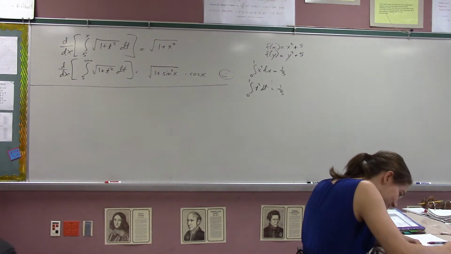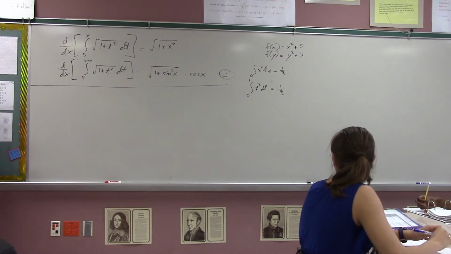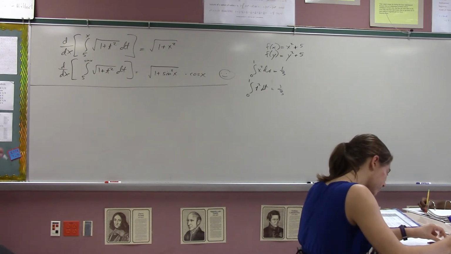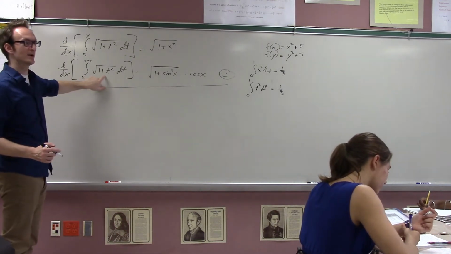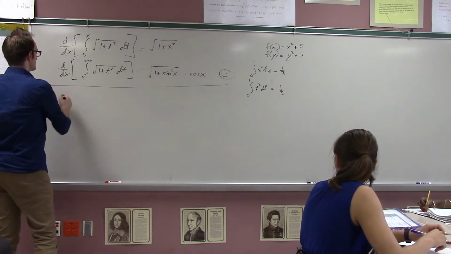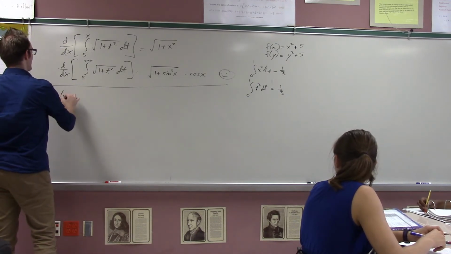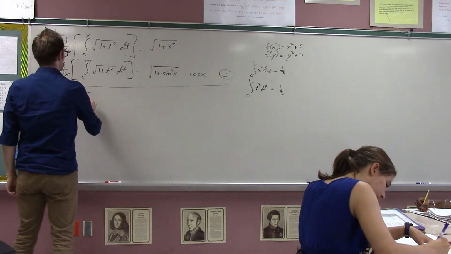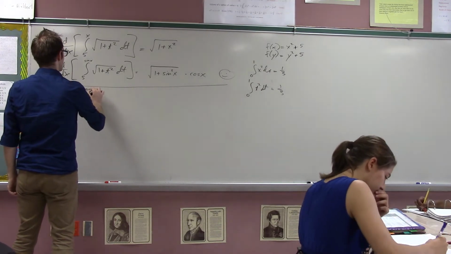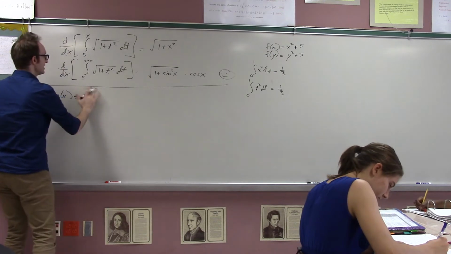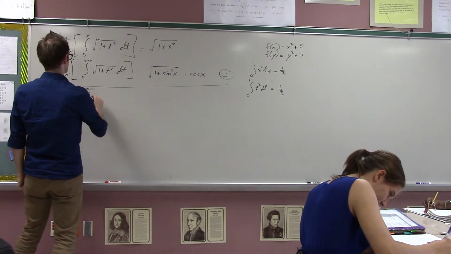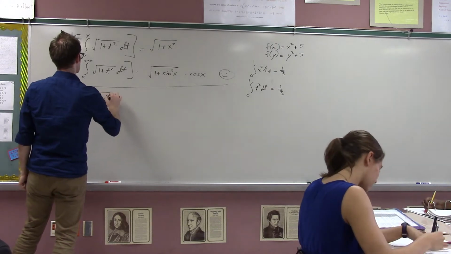One way that you could think about this to make it a little more obvious is to temporarily define a new function, g. I want to know what this is, right? So let g be the integral from 5 to x of root 1 plus t squared dt.